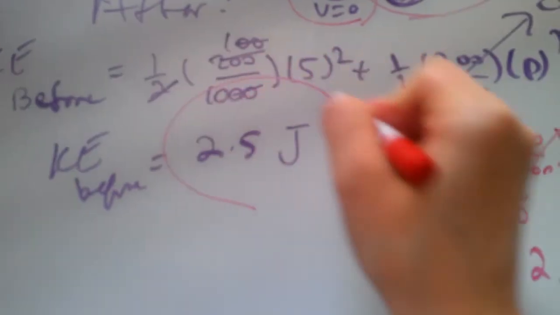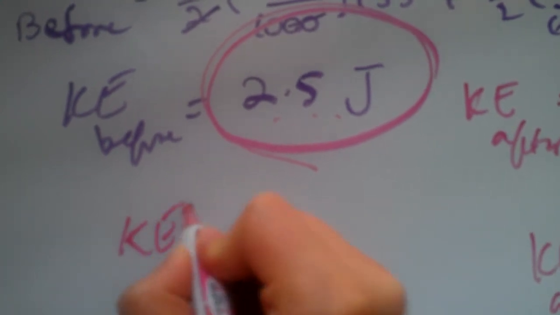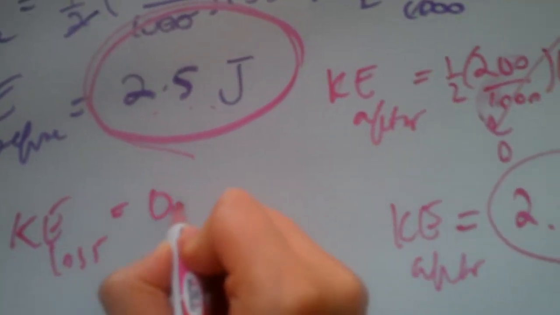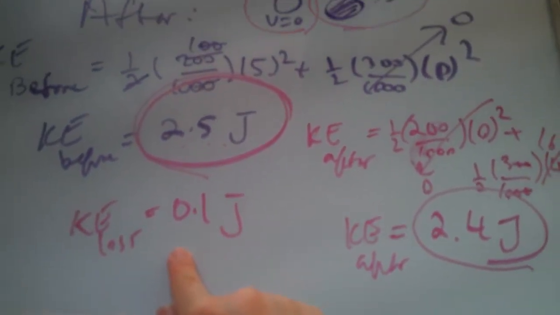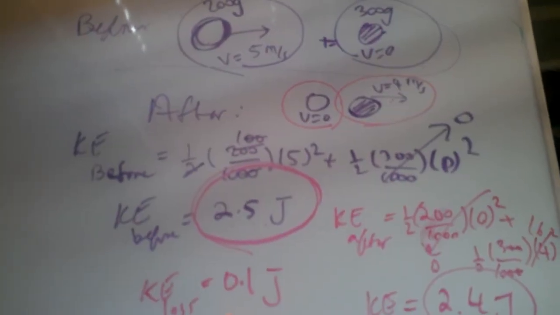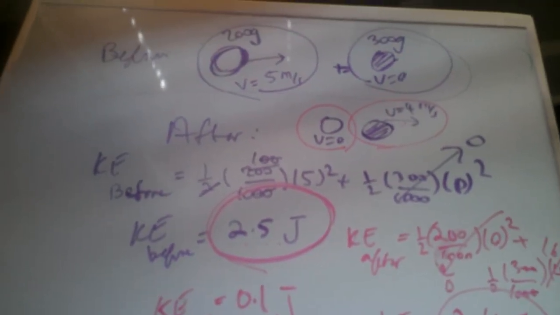I first started with 2.5, I ended up with 2.4. So I have a kinetic energy loss of 0.1 joules. This minus that gives me the loss. So this is not conservation of kinetic energy. In this collision, my kinetic energy was slightly lost.